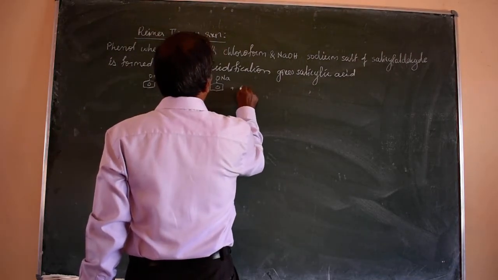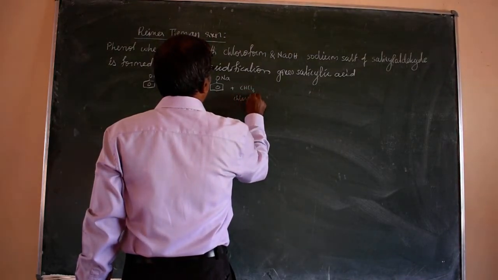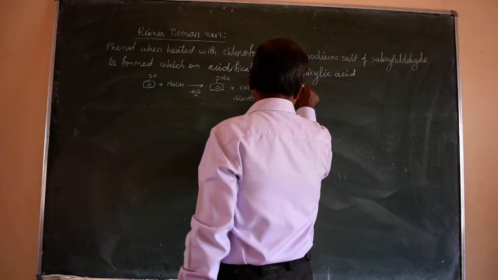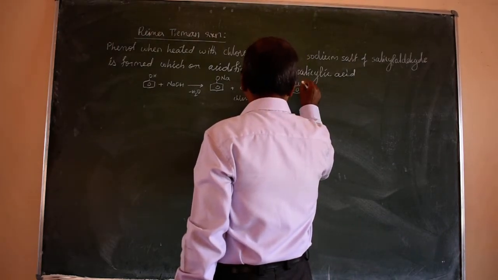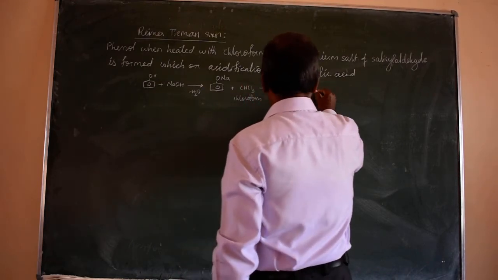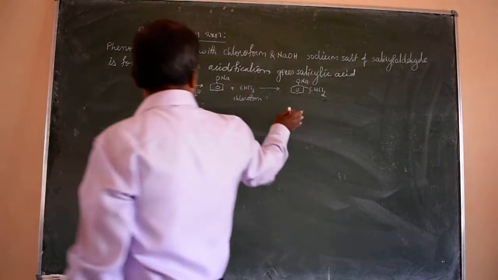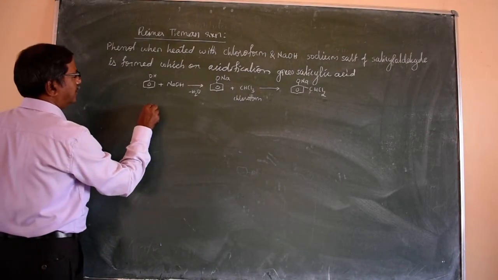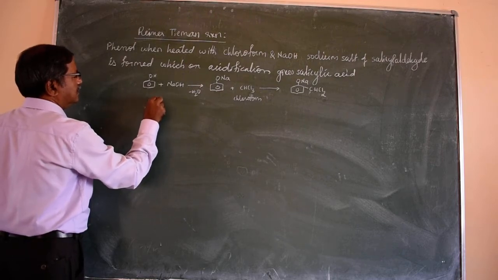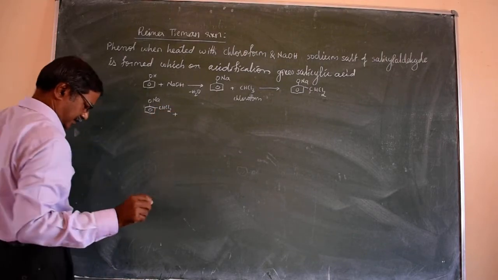Now it interacts with chloroform. Remember the formula of chloroform, CHCl3. The product is ONa with CHCl2. We can write the hydrolysis of the intermediate compound, ONa CHCl2, which undergoes hydrolysis with NaOH.